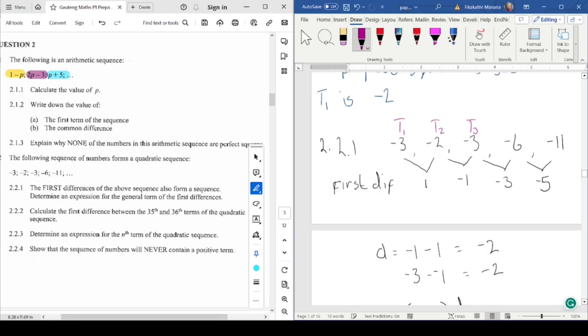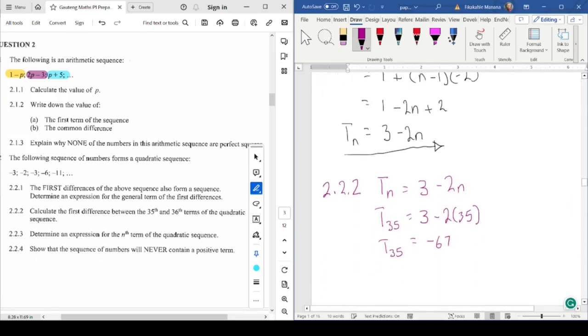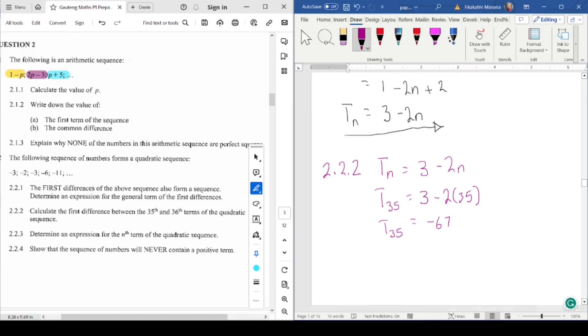That's what we are looking for here. I hope it makes sense. Once again, the reason I used this formula is that this is the 35th term of the first difference, not of the original quadratic sequence.